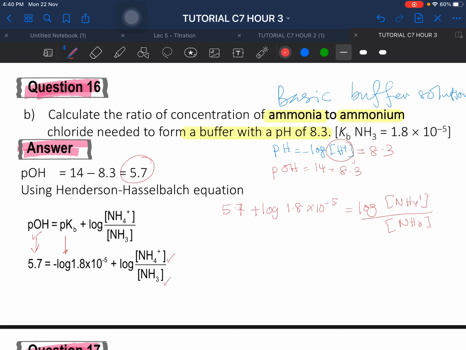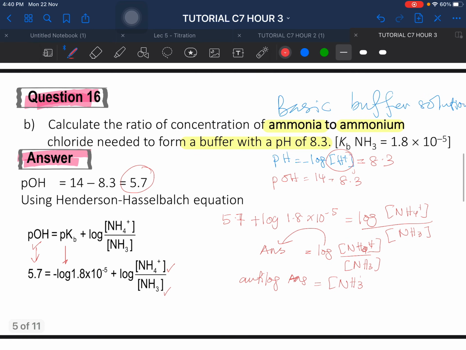Okay, then you will get this as an answer: log concentration of NH4 plus over concentration of ammonia. So you bring this one and take the anti-log. So the concentration of NH4 plus over concentration of ammonia is 0.9.